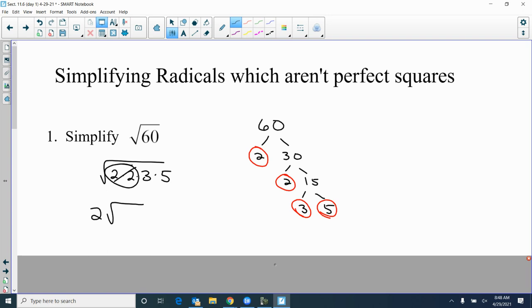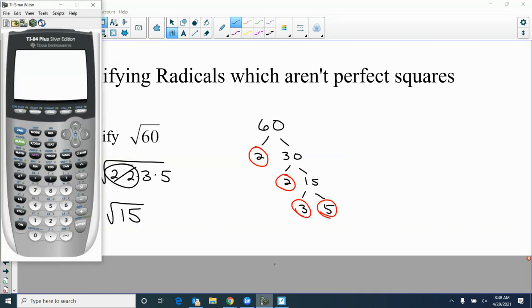What's left? There's a 3 and a 5. Multiply that back together, so that's 15. So square root of 60 gives us that decimal, and 2 square root of 15 gives me the same thing. This is the simplified version.